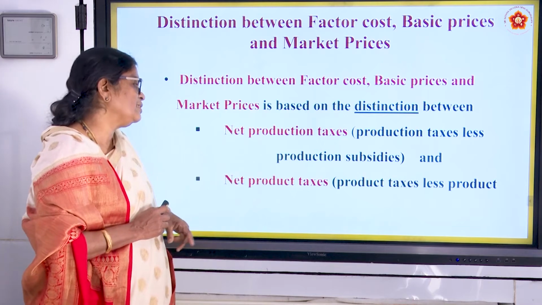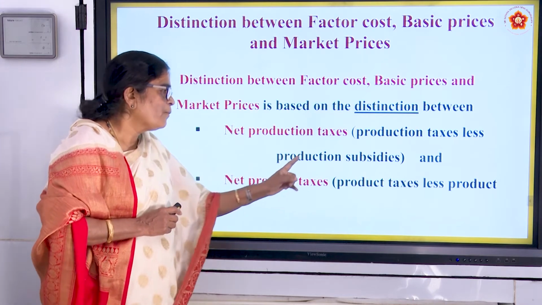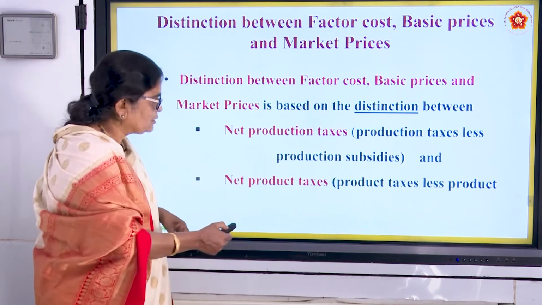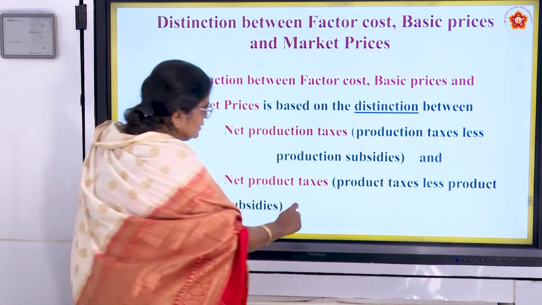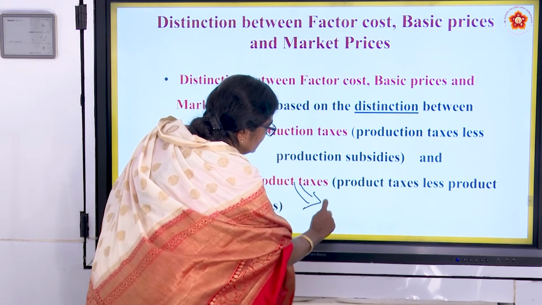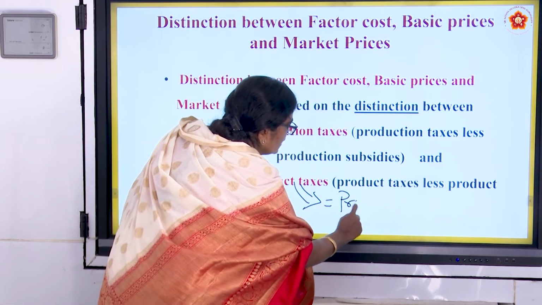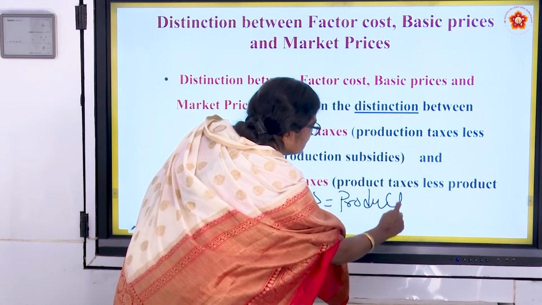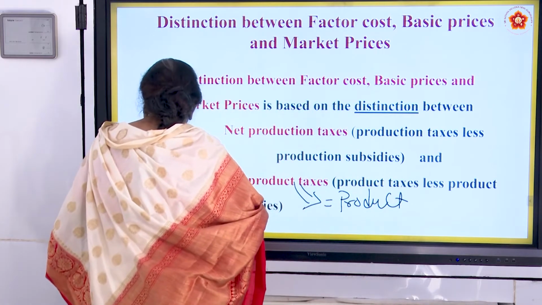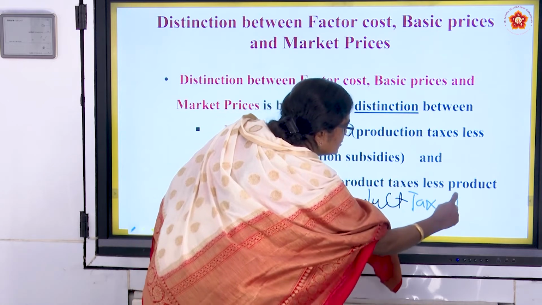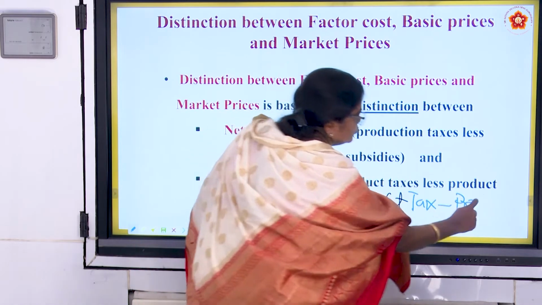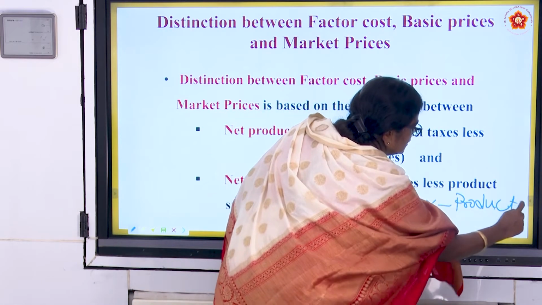And net product taxes, in the sense, is product tax minus product subsidies. Product tax less product subsidies is nothing but net product tax. There we used production; here we are going to utilize product tax minus product subsidy.